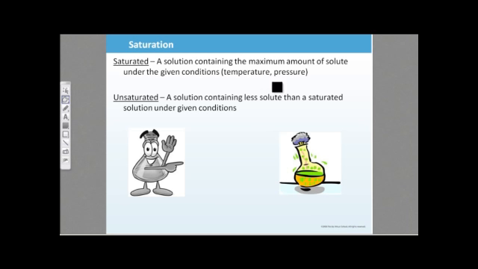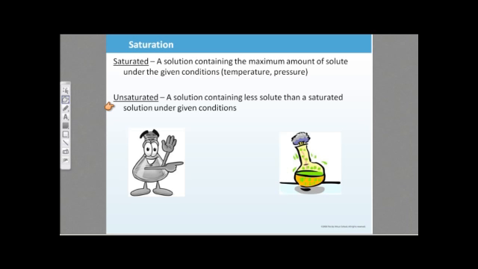An unsaturated solution would be anything less than that. So for an unsaturated solution, if we had the glass of water, we add a little bit of salt, stir, it dissolves. We add a little bit more salt, stir, and that dissolves. So we have an unsaturated solution in that case because it is less than the maximum amount.